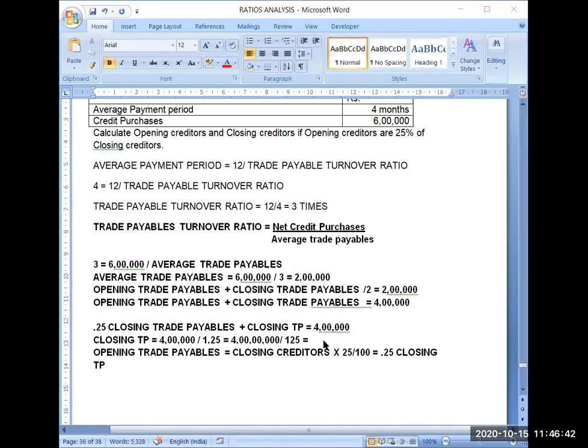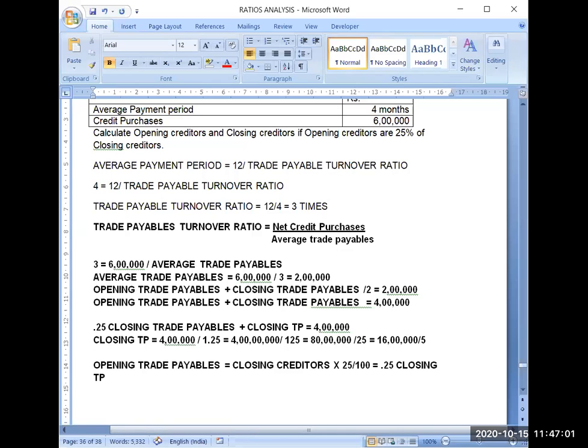It will become 80 lakh upon 25. Again I can cut it with the help of 5. It will become 16 lakh upon 5. And if I cut it further, closing trade payable is equal to 3,20,000.